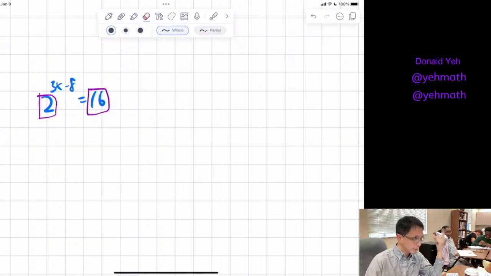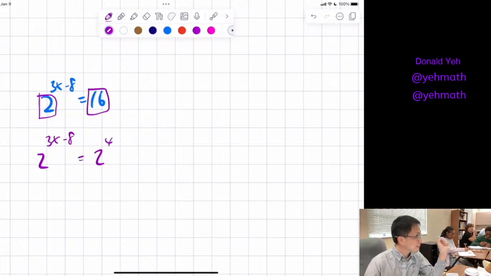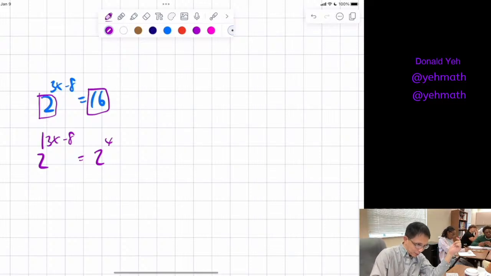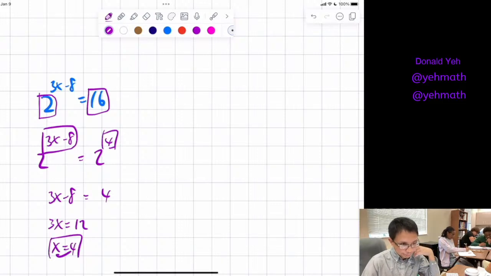Base of 2, good. So I can rewrite this as 2 to the 3x minus 8 over 2 to the 4. We talked about this at the beginning of the year. Since they both have base of 2, I can set the top parts equal to each other. So it'll be 3x minus 8 equal to 4. 3x equal to 12. X equal to 4. I can solve for that.